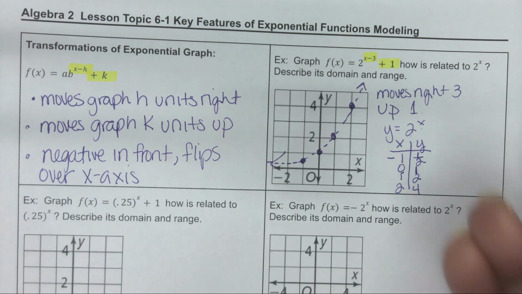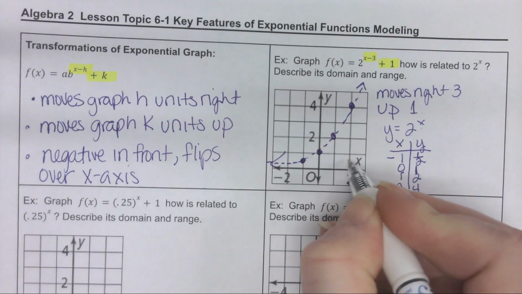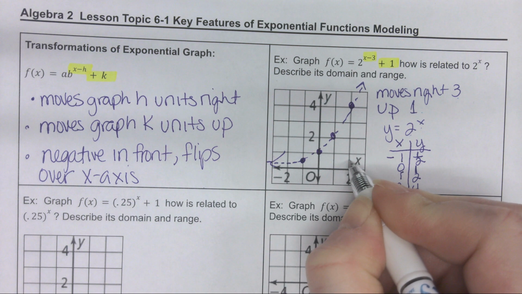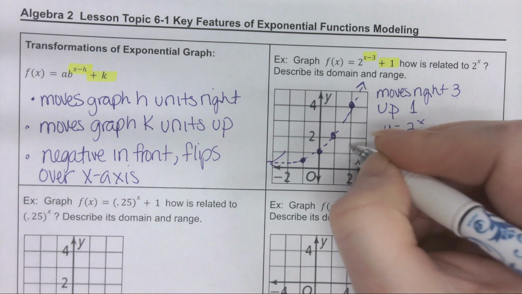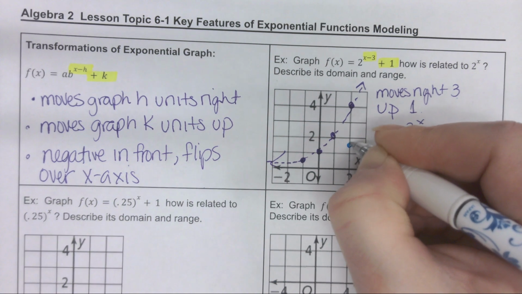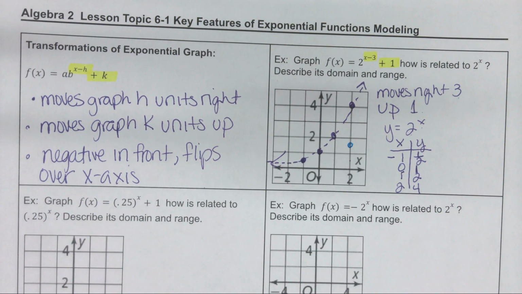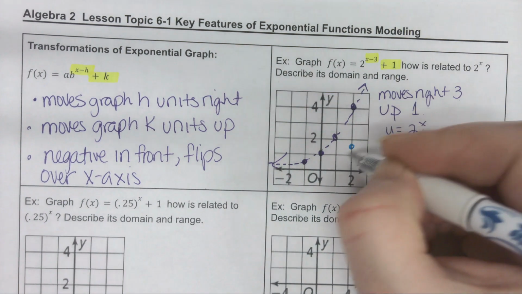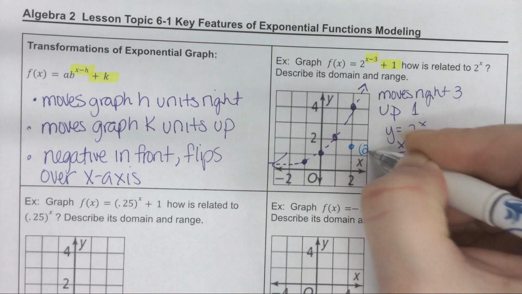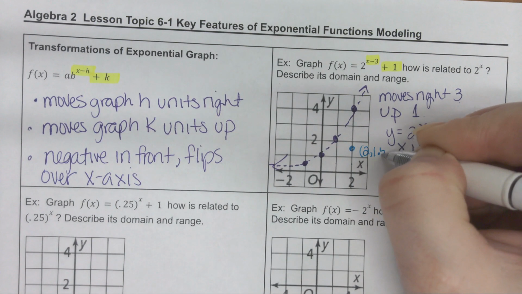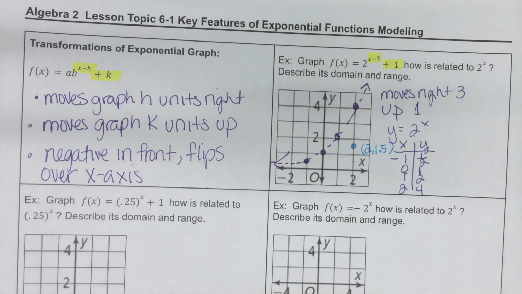If I moved it right 3, we're not going to be able to move all of them, by the way, it would go right there and up 1. What are the coordinates of that point? Two and 1.5.